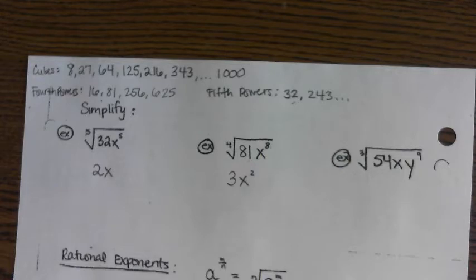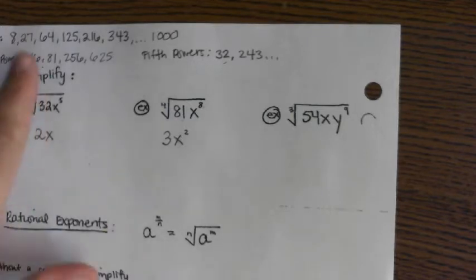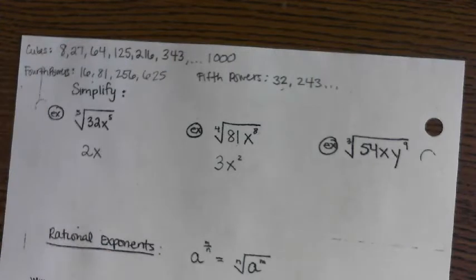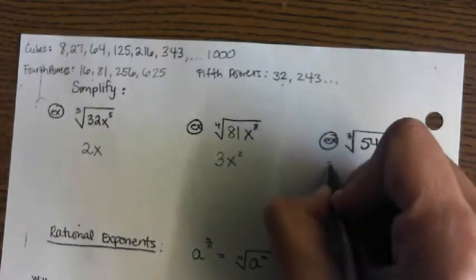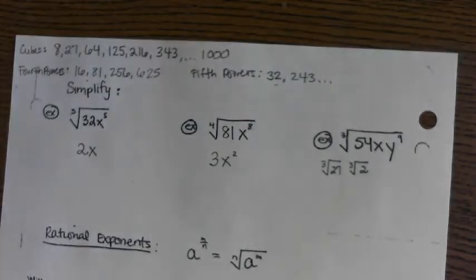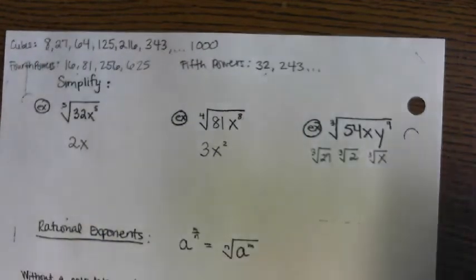Okay? And then in radical 54, cubed root of 54, if we look at our cubes, 54 is not on our list, but what number does go into 54 evenly? 27. So we're going to split this up into the cubed root of 27 times the cubed root of 2. The cubed root of x we can't do much with.